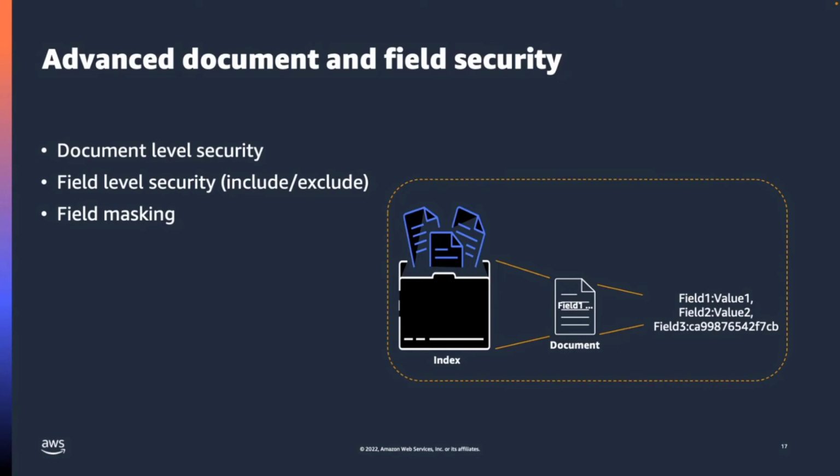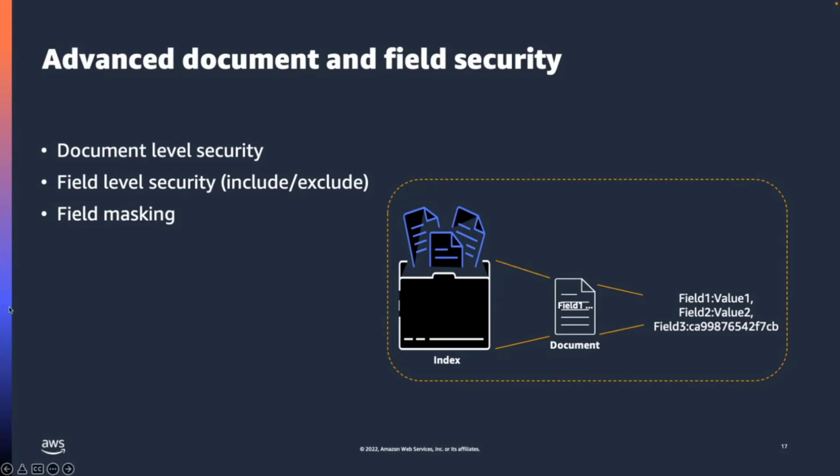Any other fields will be excluded. So that's your include aspect. And then we have an exclude aspect where you can say, these are four fields that I do not want any user to see, and everything else is okay. So we have much more granular access with field level security, and that can help you accomplish your desired security posture.